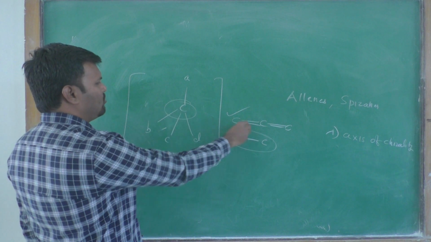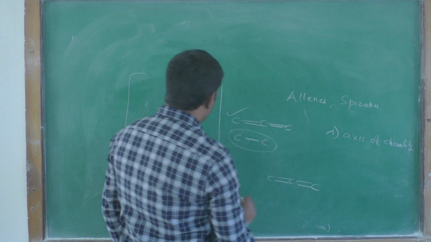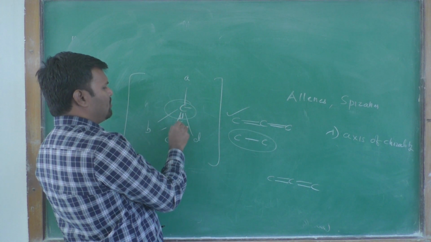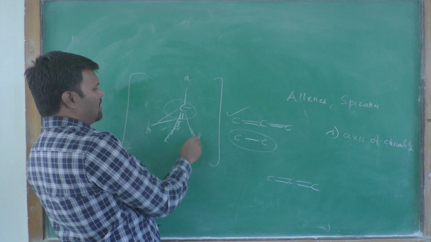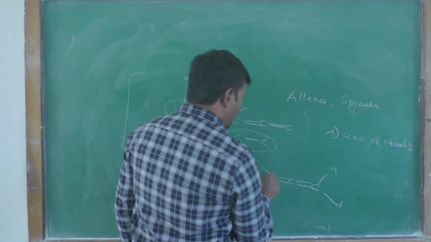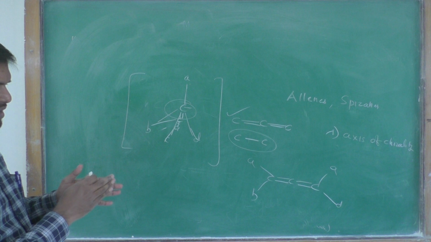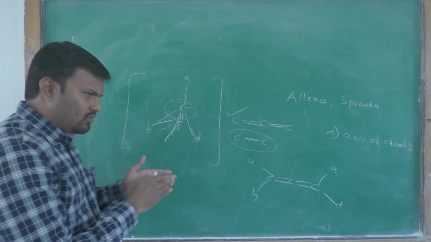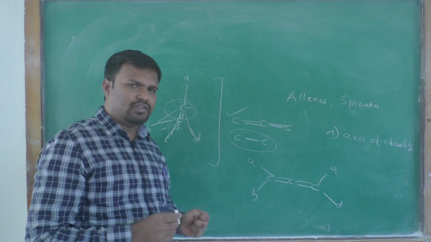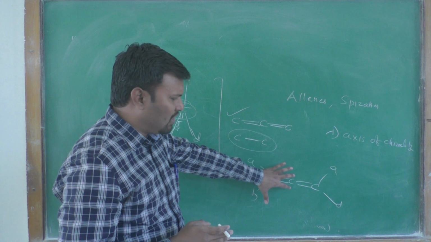Instead of this, you take C double bond C, with all these groups attached to it, therefore A, D and A, B. Therefore elongation of tetrahedral geometry takes place, and such elongation is observed in allenes.